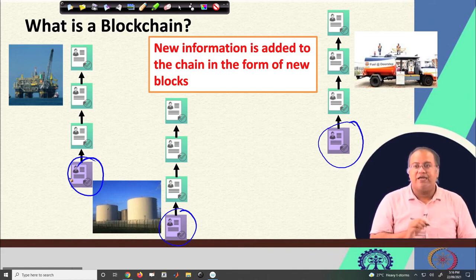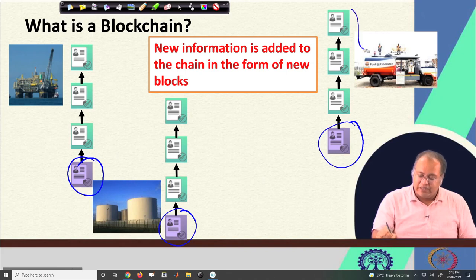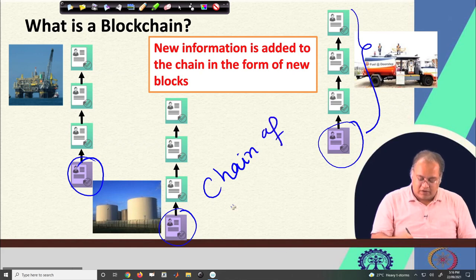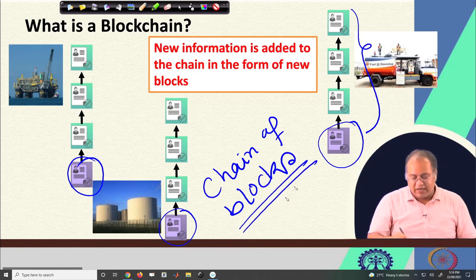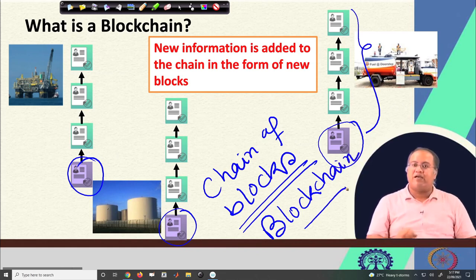That is the requirement I am going to support here. So the entire data structure I have is basically a chain of blocks. Because it is a chain of blocks, we call it a blockchain. This is how the terminology arrived.